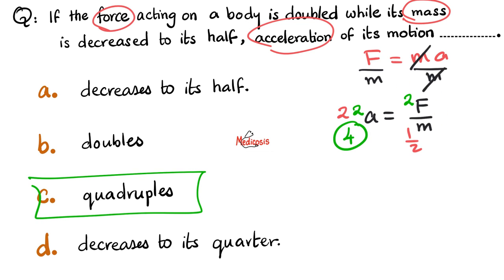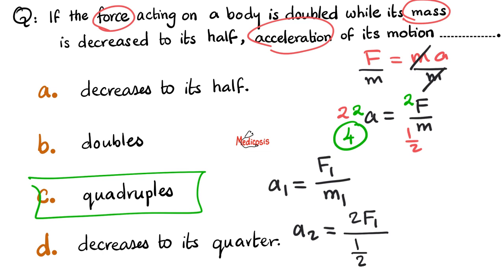If this method is confusing, you can use a simpler one. We'll say acceleration before any change was the first force before any change over the mass before any change: A1 = F1 over M1. Then let's talk about the second acceleration after the change. What happened to the force? It doubled. So upstairs you write 2F1. And what happened to the mass? It was halved.